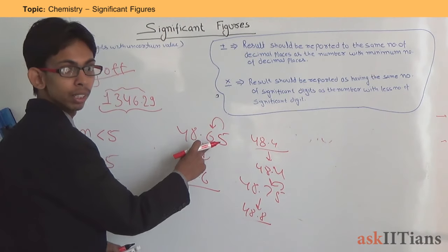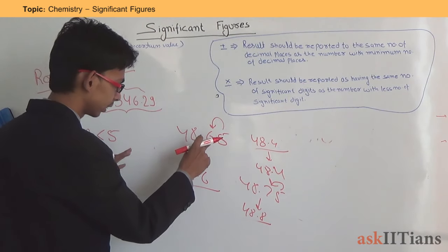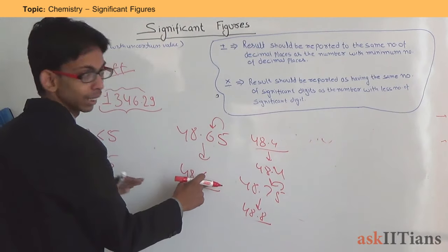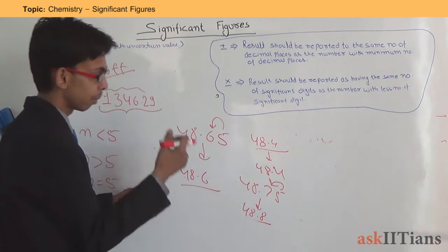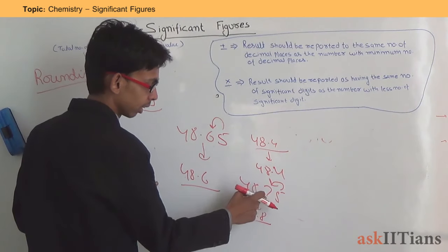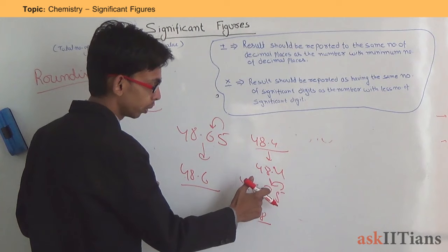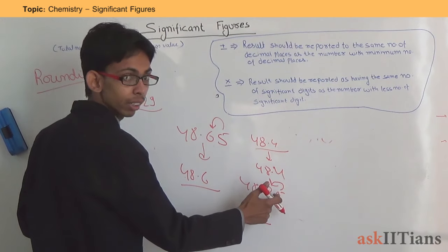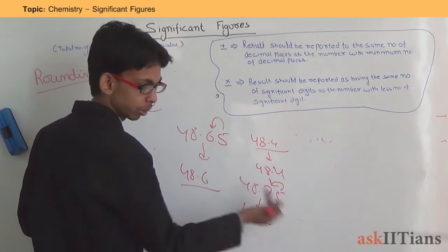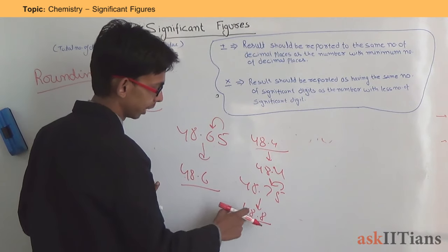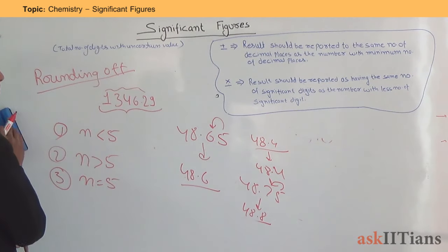When the preceding number is even, we will report it as such by just ignoring 5. But if the preceding number is odd, in that case we need to increase it by 1 in order to remove 5. So we will write it in the form of 48.8.